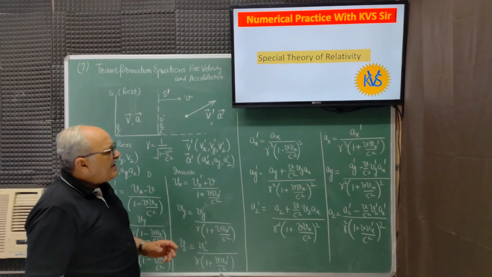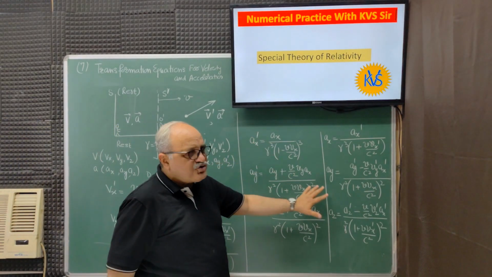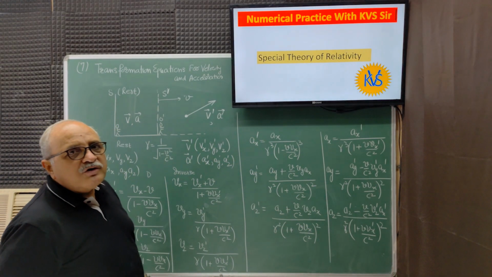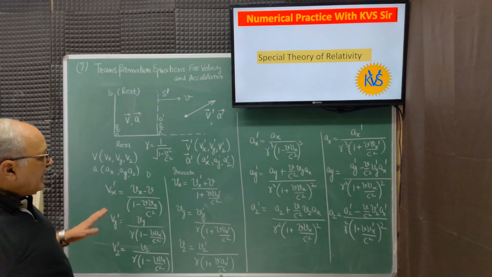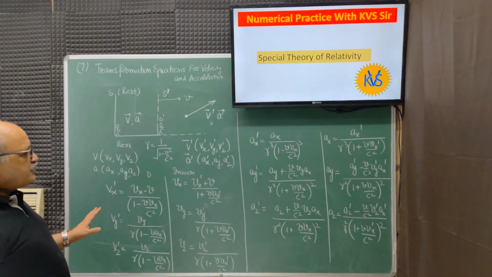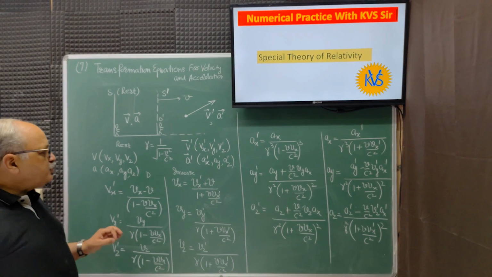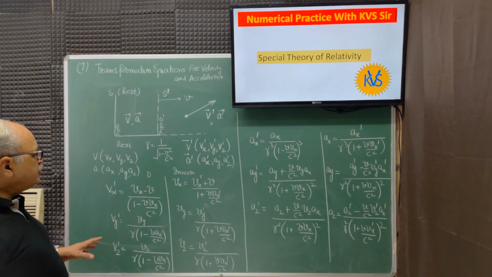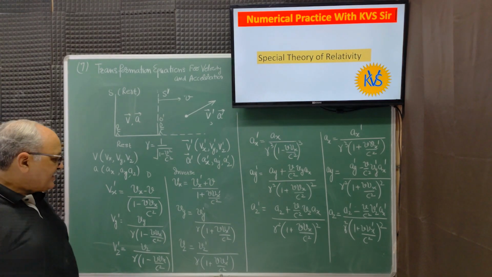And similarly we have the transformation equations for acceleration. You please pause the video and take the screenshot, because these relations are very complicated, so one has to practice it by writing it 2 or 3 times so that you can use it while doing the numericals directly.